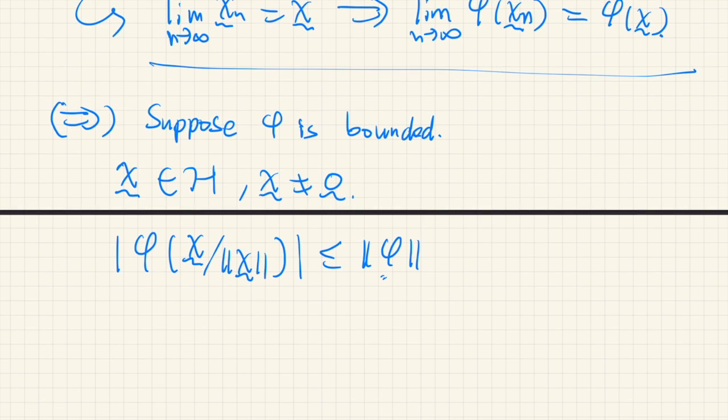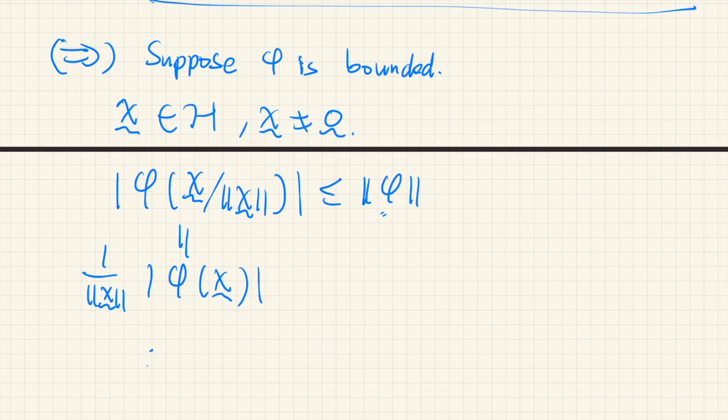But phi is a linear functional, so this is equal to 1 over the norm of x times the absolute value of phi of x. So therefore we have the absolute value of phi of x is less than or equal to the norm of phi times the norm of x.